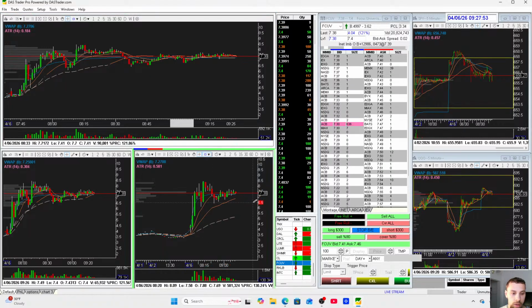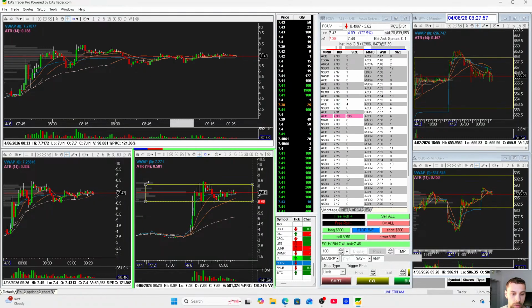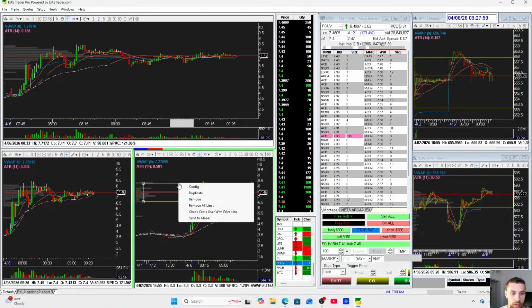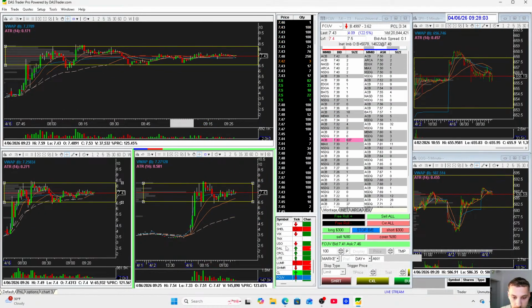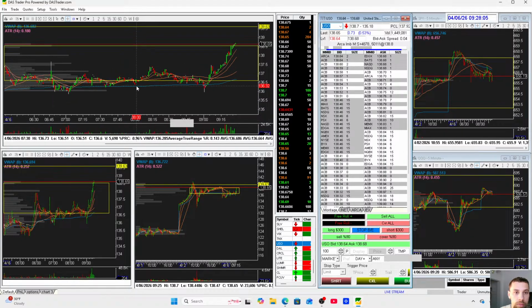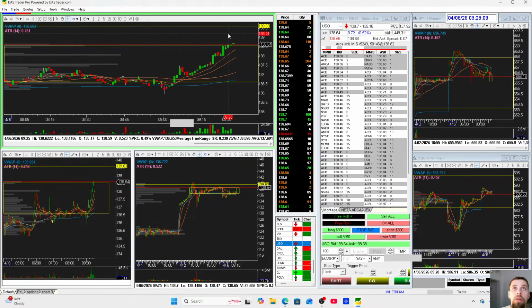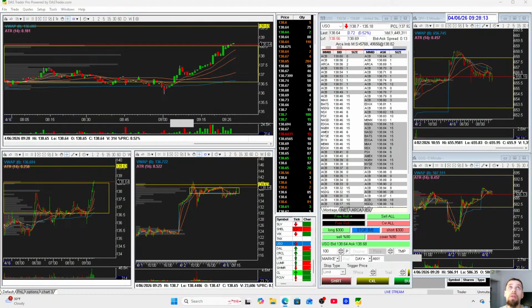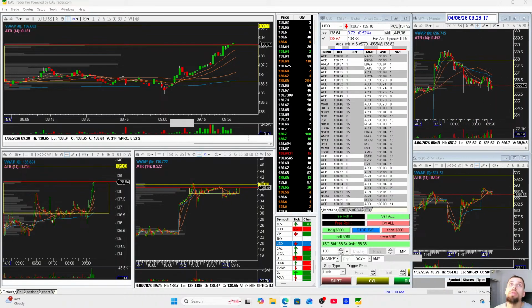Might as well draw the rectangle on this one as well. There we go. Okay. Alright, this guy USO is climbing. Thing is moving.